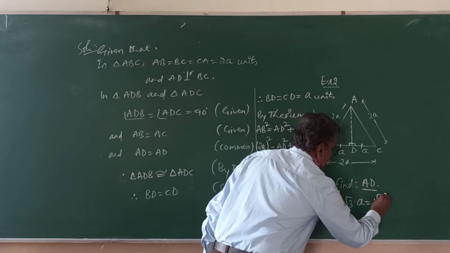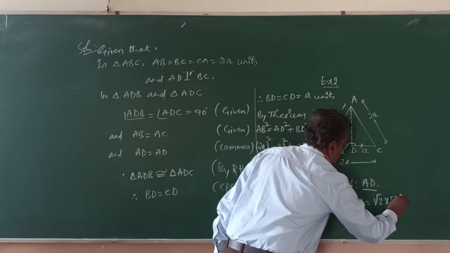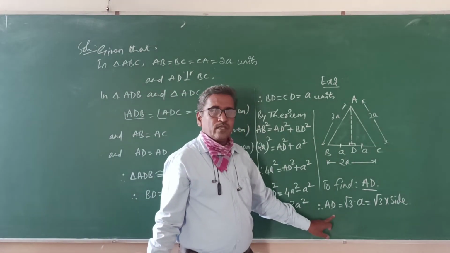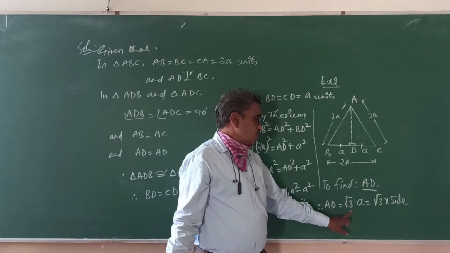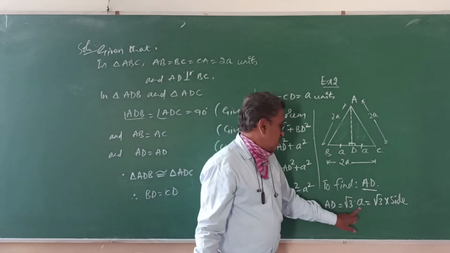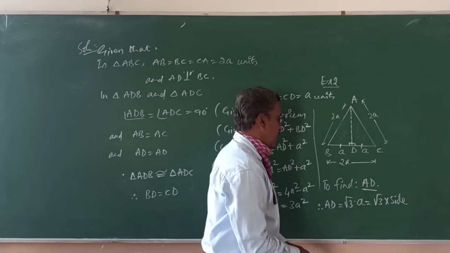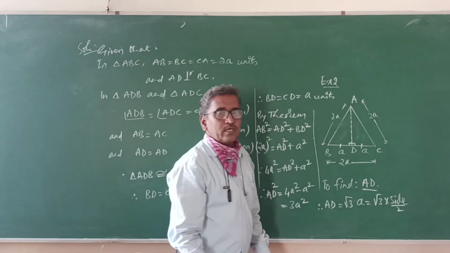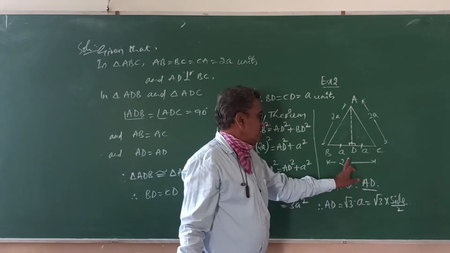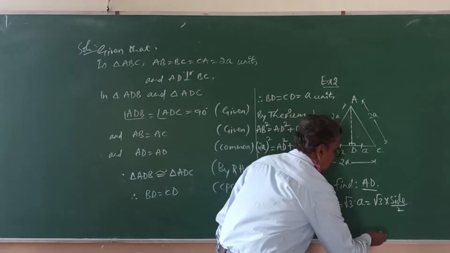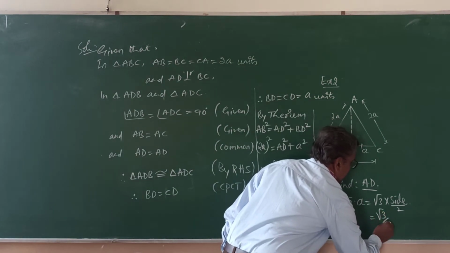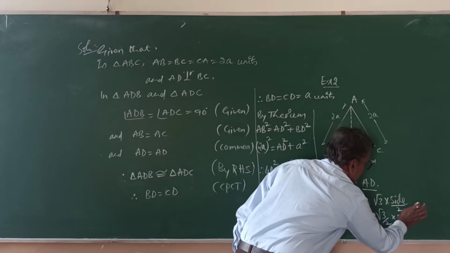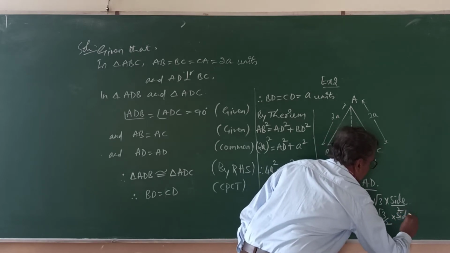It means root 3 into a, where 2a is the length of the side of the equilateral triangle. AD is the altitude. So root 3 into a is root 3 into half the side. That is, root 3 by 2 into the length of the side.